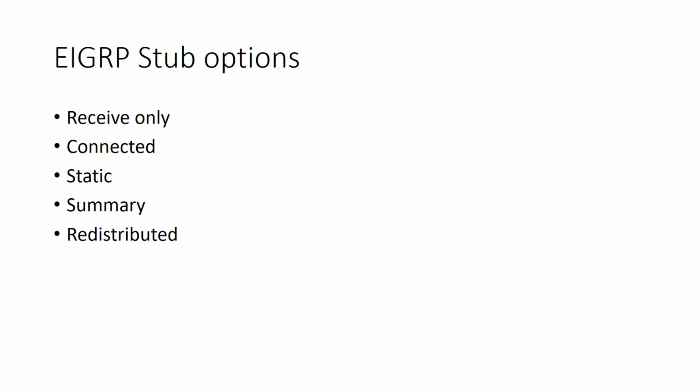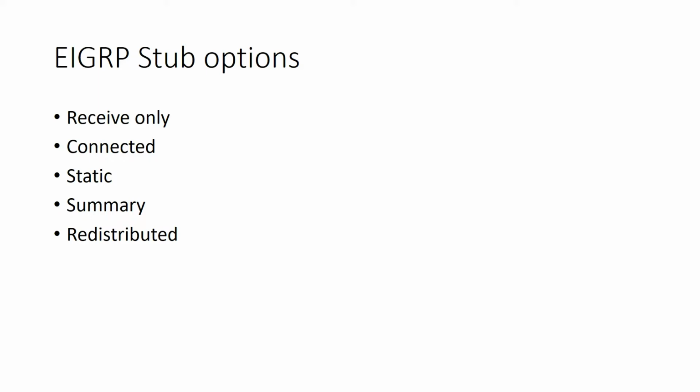So if you go in, just like our example, and you put your router IP into EIGRP stub, then you're going to follow the summary option. Last, we have redistributed. This allows an EIGRP stub router to advertise external EIGRP routes learned from other routing protocols.